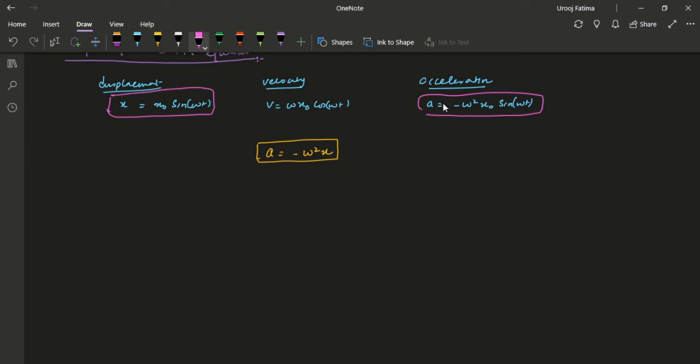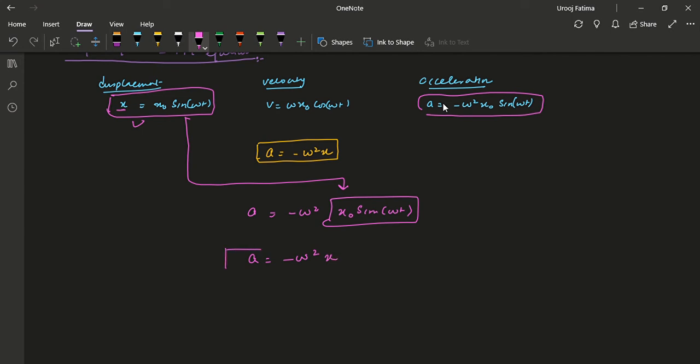If you see the acceleration equation, which is minus omega square x naught sine omega t, this portion exists in this portion too, right? So we can just put this here, and if we do that, the whole expression can be replaced by x, and there you go.